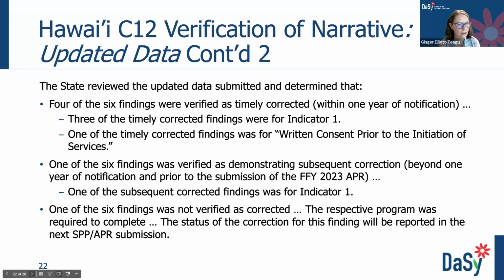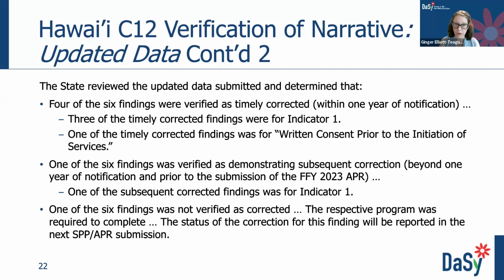The next slide finishes up their review of the narrative they provided about that updated data review. They concluded, after looking at all of that data, that 4 of those 6 total findings, remember 5 plus 1, were verified as timely corrected within 1 year. 3 of those were for indicator 1. 1 of the timely corrected findings was that related requirement. 1 of the 6 findings was verified as demonstrating subsequent correction.